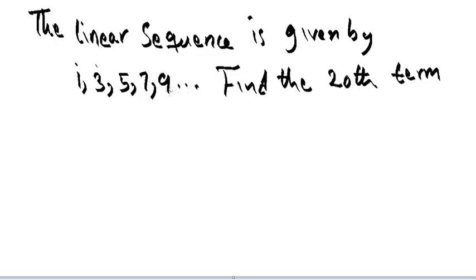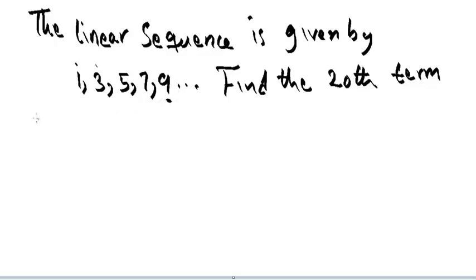So the 20th term is simply the number at the 20th position. 9 is at the 5th position. So if we continue, the 20th term is the value that is at the 20th position. That's what we call the 20th term.